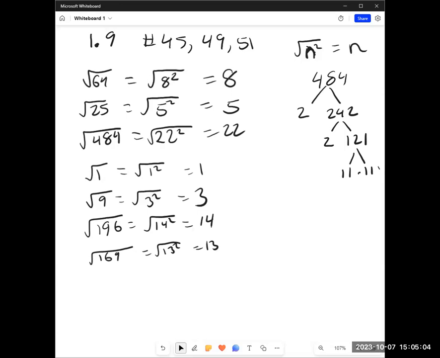So I just recommend that you get a list of perfect squares somewhere from your textbook or look them up online. Memorize probably 1 through 15 and then start memorizing the multiples of 5 after that. Memorize what 20 squared is, 25 squared, 30 squared, and so on.